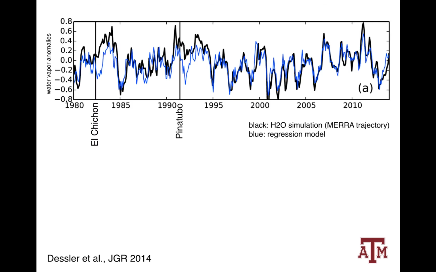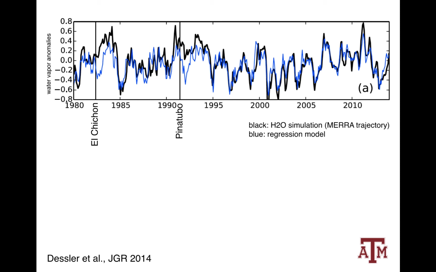So the black line, this is time going back to 1980, is actually a simulation from a trajectory model, but as I showed you before, the trajectory models reproduce the data almost exactly. And if you actually do this with data, at least for the MLS period, it looks almost this good. And then the blue line is the fit. And so you can see that we can explain all of these bumps and wiggles.